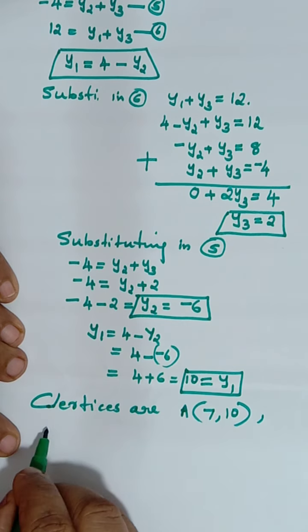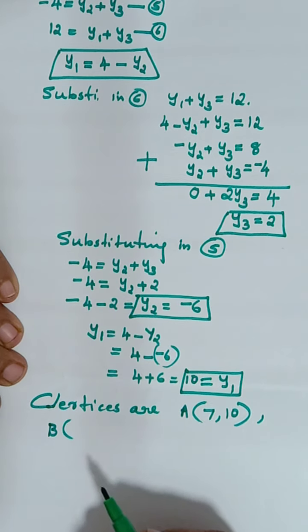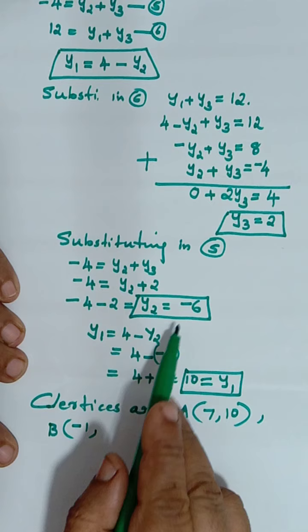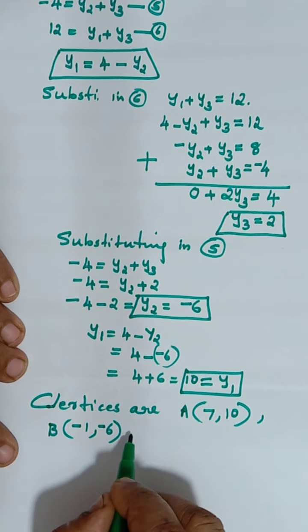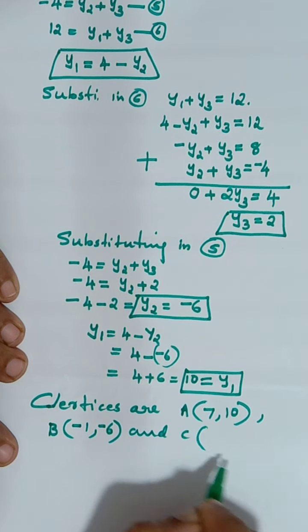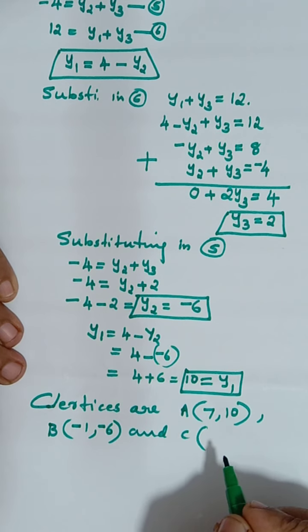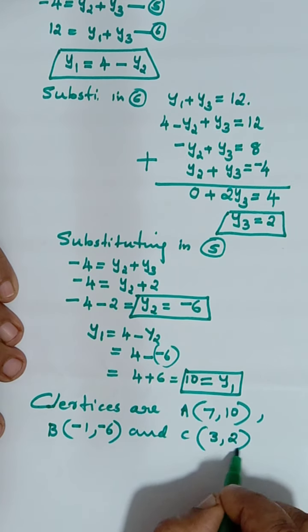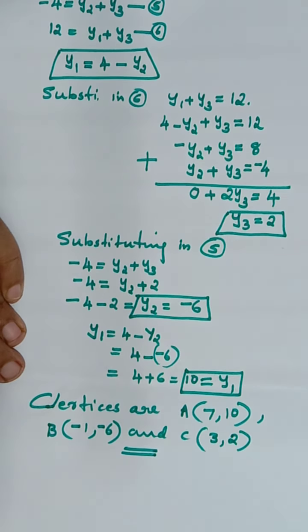A is 7, 10. B, x2, y2. What is our x2 value? Negative 1, y2 negative 6. And C, x3, y3. What is our x3? It is 3, comma, y3 is 2. This is our answer. It's very simple.